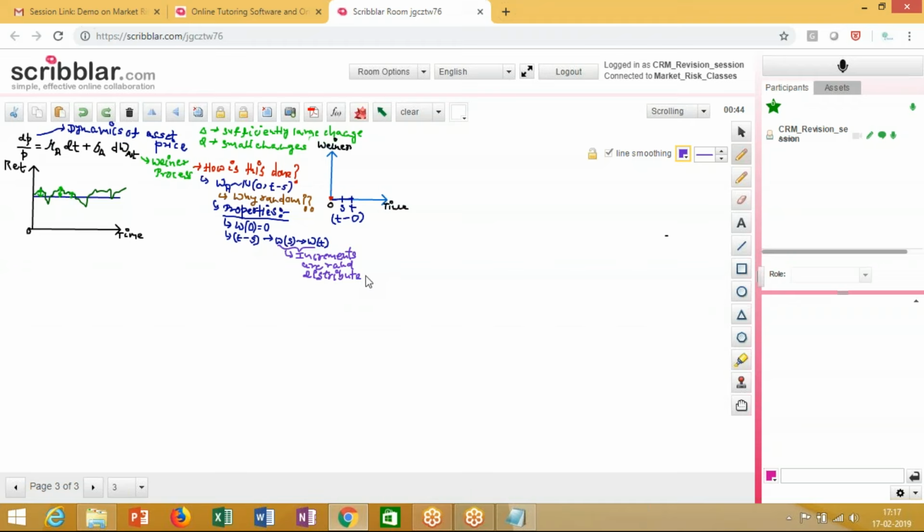If they're randomly distributed, it means that they follow a normal distribution with mean 0 and variance t minus s.